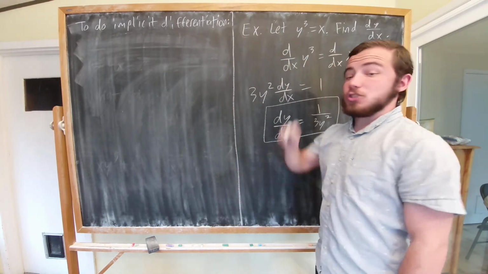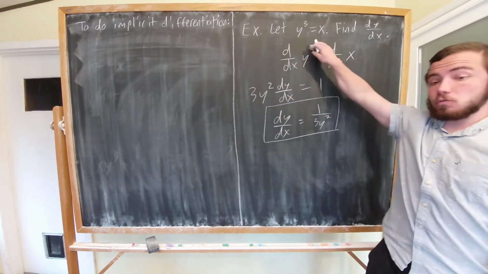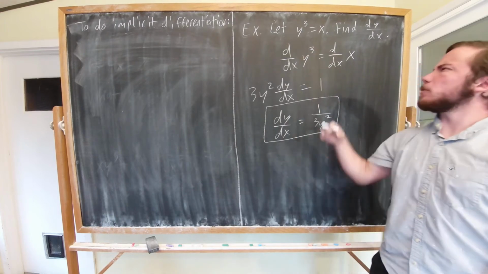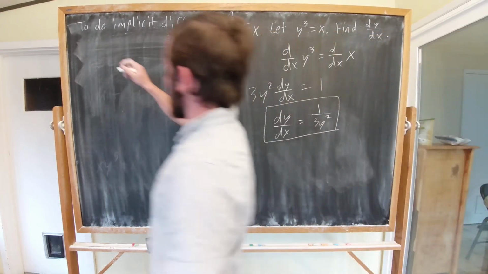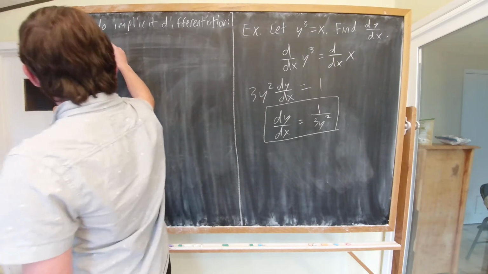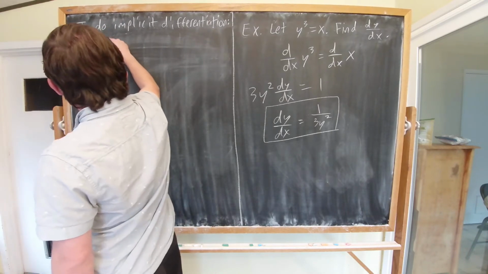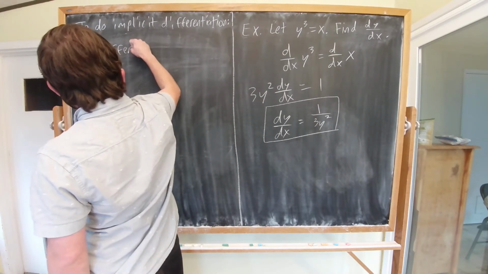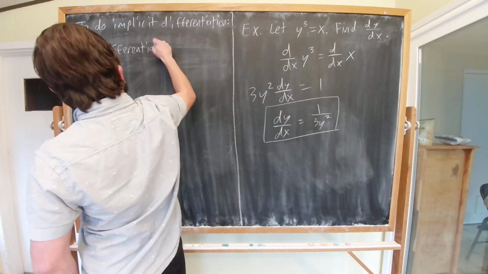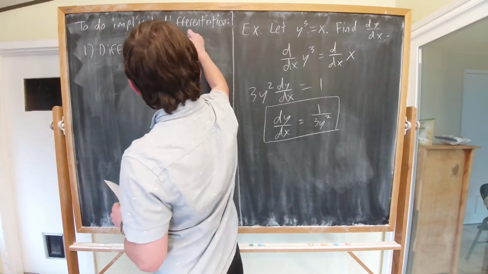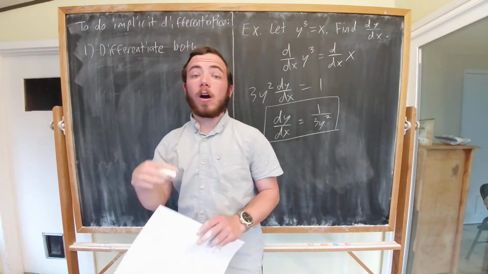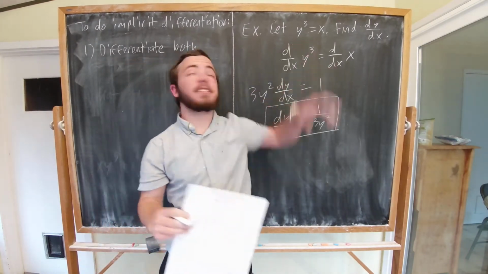All right, to do implicit differentiation, let's just write out more generally what we did over here. We took our equation and we differentiated both sides with respect to our independent variable, in this case, x.